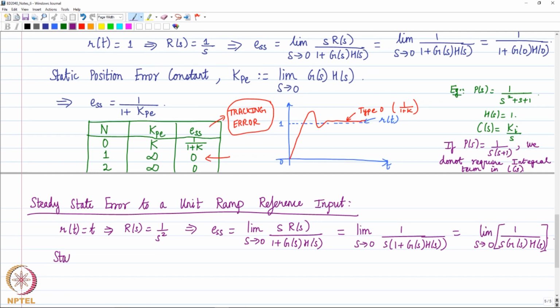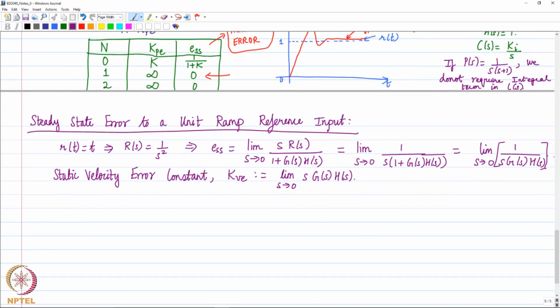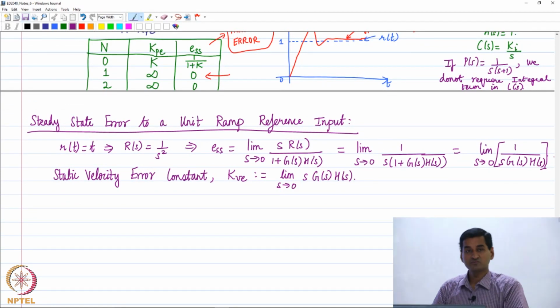The term static velocity error constant, K_v, is defined as limit s tending to 0 of s times G(s)H(s).